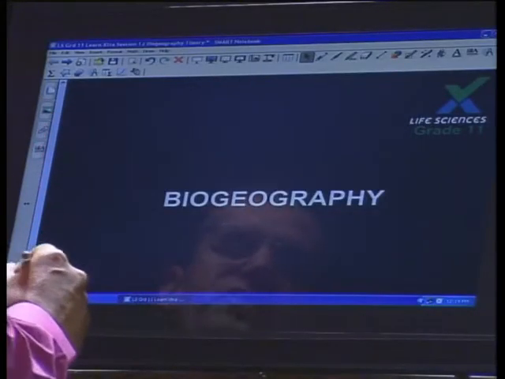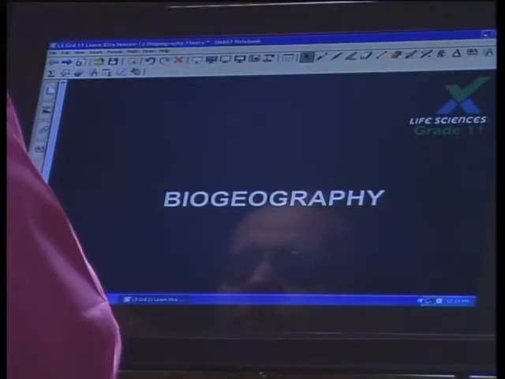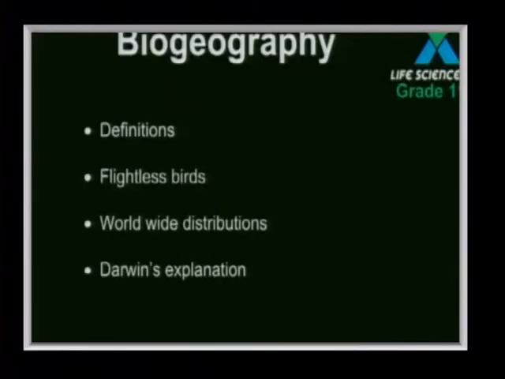Right, so this is the section on biogeography. Let's look at the key aspects we're going to look at. As I mentioned previously, we must know our definitions. For example, if we think about some of the previous definitions that we discussed, homology.